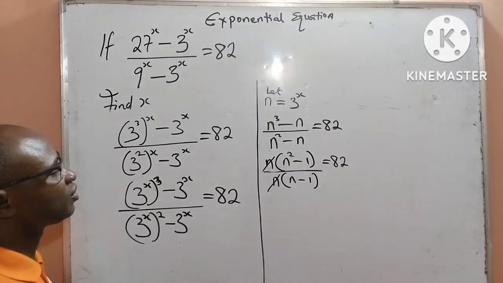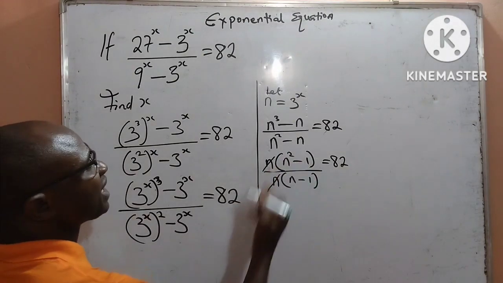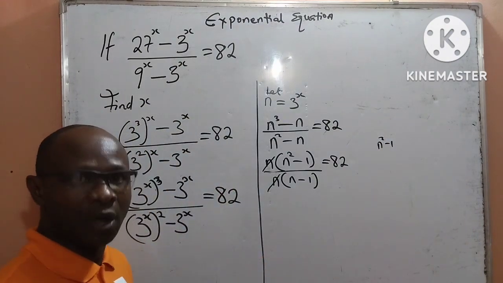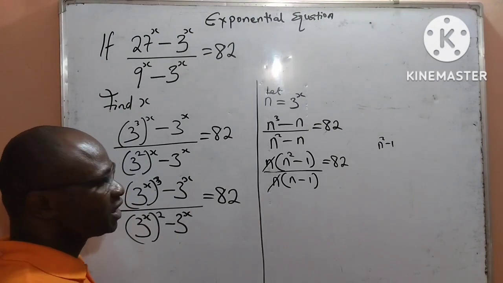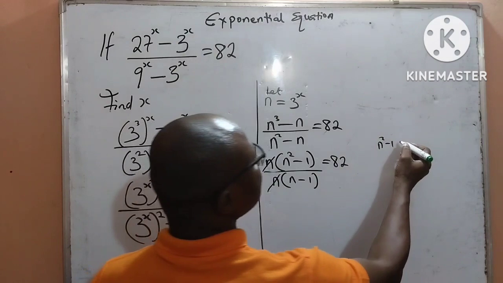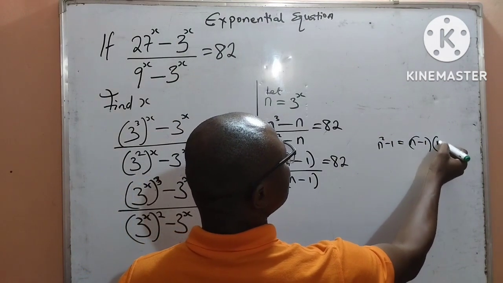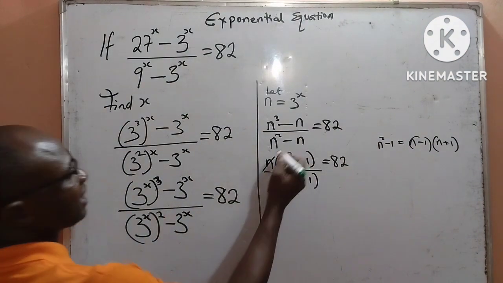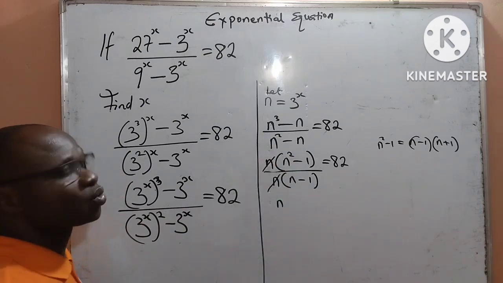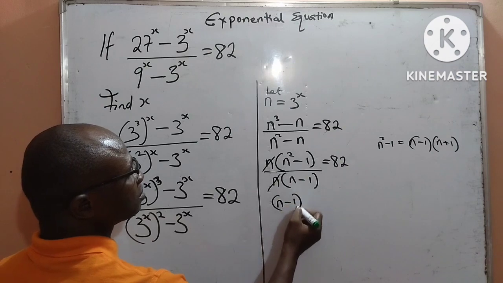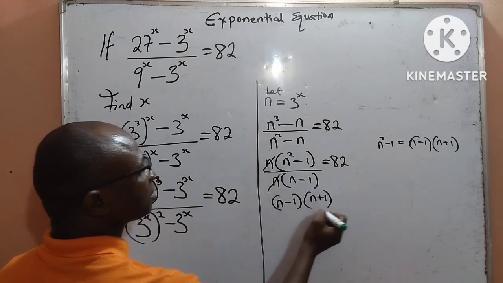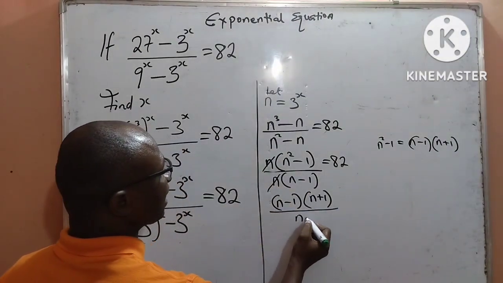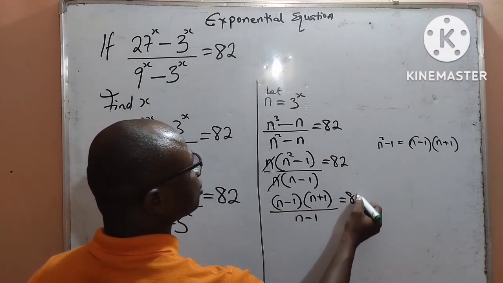What we are left with at the numerator is n^2 − 1, and by the law of difference of two squares, n^2 − 1 can be written as (n − 1)(n + 1), all over n − 1, equal to 82.